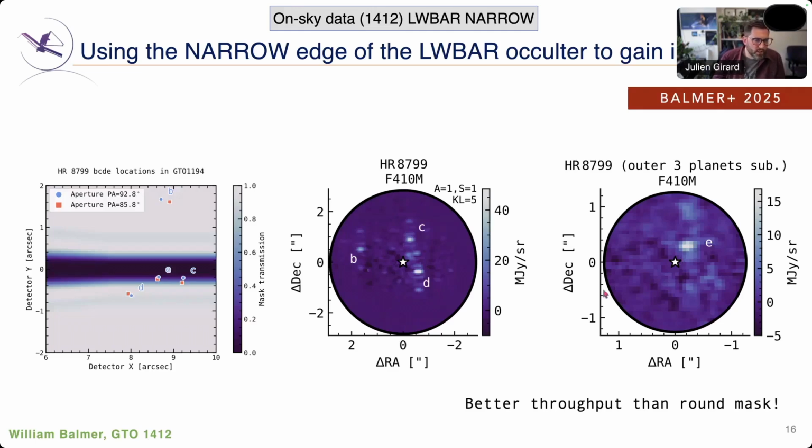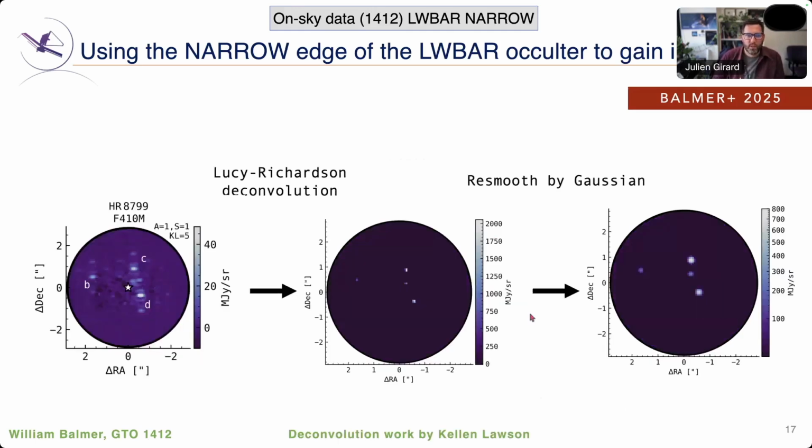I must say, this has been done also with the round mask, and we can also see 4 planets with the round mask, but with lesser throughput. And this is from Balmer's paper, where they also show the deconvolution of the planets themselves. If you deconvolve this, and that's work by Kellen Larson, you can see a dot, because the NIRCam PSF is really strange.